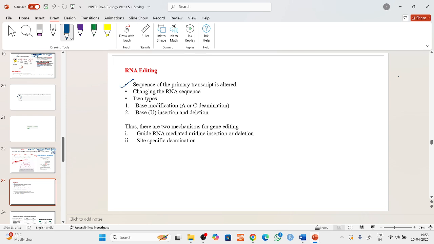No, we were just taking different parts of the sequences and joining them together, but we were not playing with the sequence of the primary transcript. So here in RNA editing, the sequence of the primary transcript is altered. This is important.